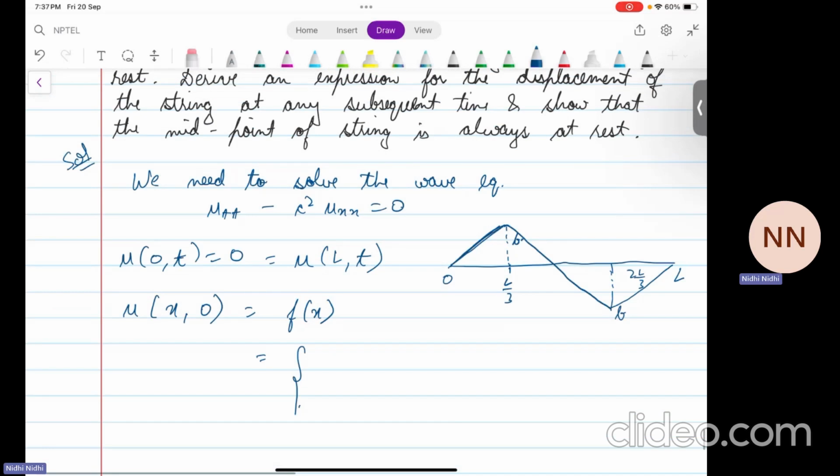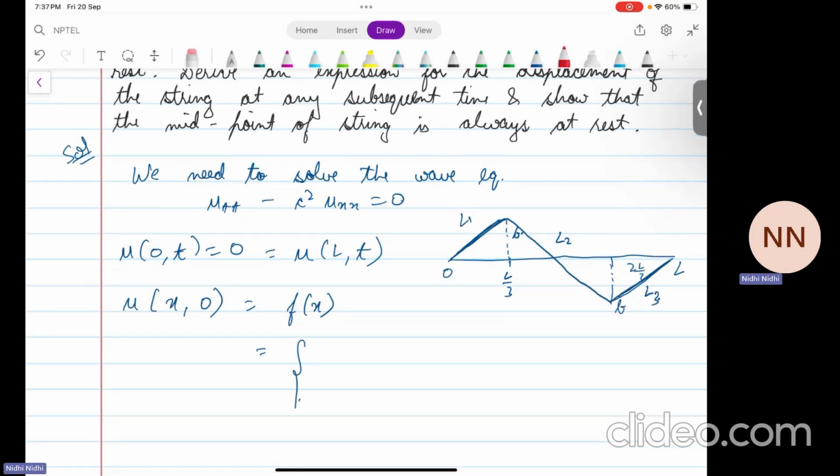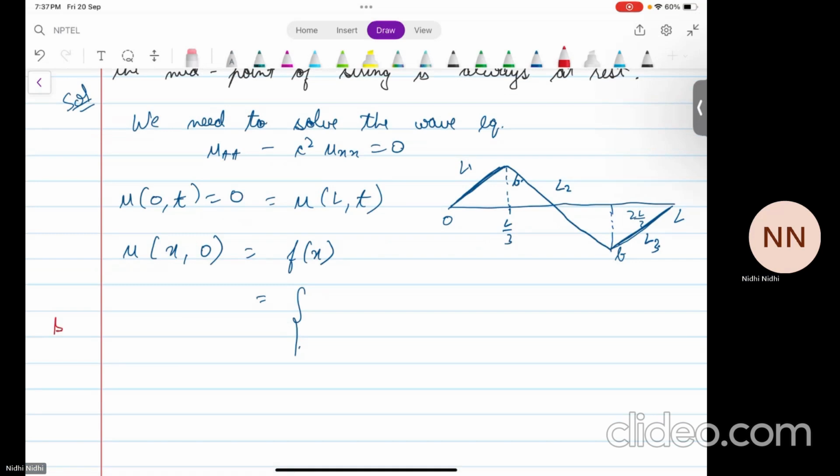So if I take this to be L1, this to be L2 and this one to be L3, we can see that the slope of L1 is 3b by L.